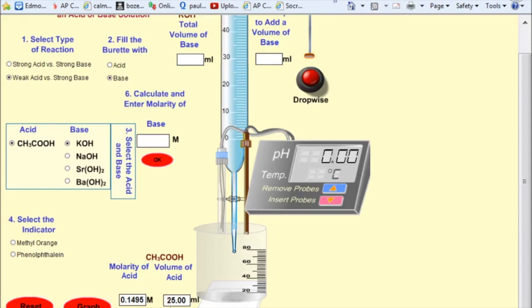So you need to find the number of moles of the weak acid in the beaker. I also want you to find the number of moles of the base in the burette that you will need to neutralize that acid.